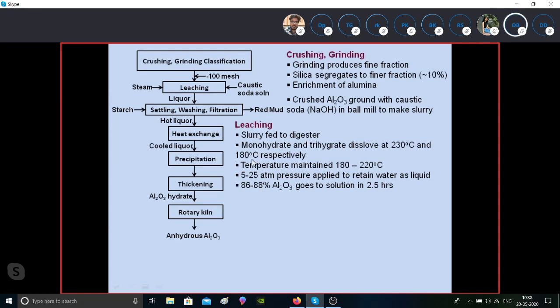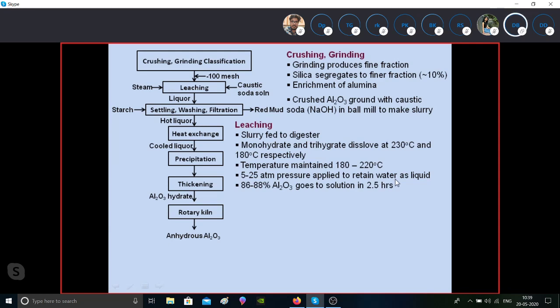And look at the pressure part. 5 is the very low side of the pressure. As high as 25 atmospheric pressure is applied. Why did we do that? I will come to it. I'm just writing that to retain water as a liquid.